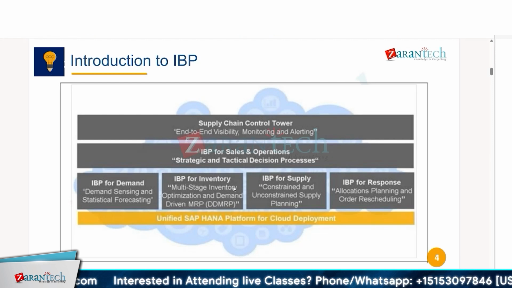Similarly, if the unconstrained demand is low and the constrained supply is high, that means supply can produce more and demand can take less, then there will be an action plan on the demand planning or commercial organization to increase the sales.